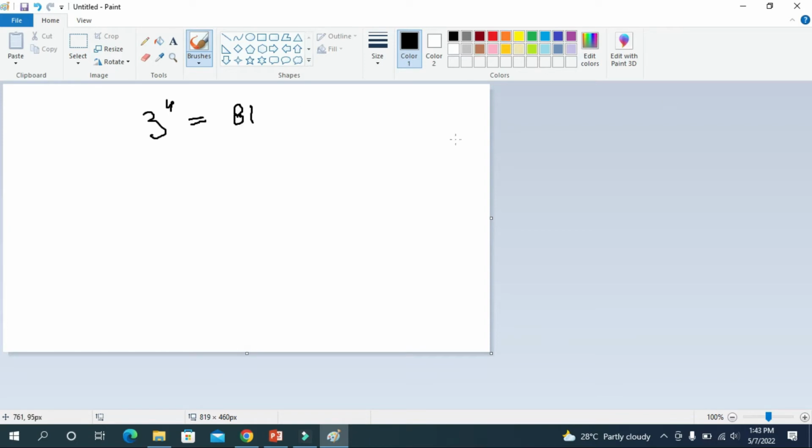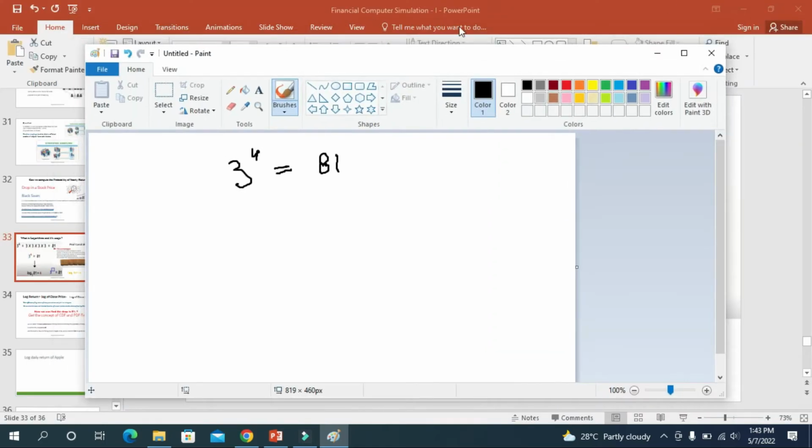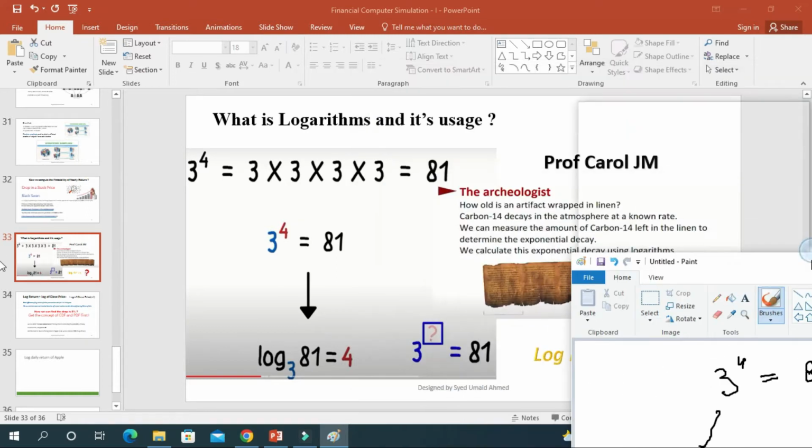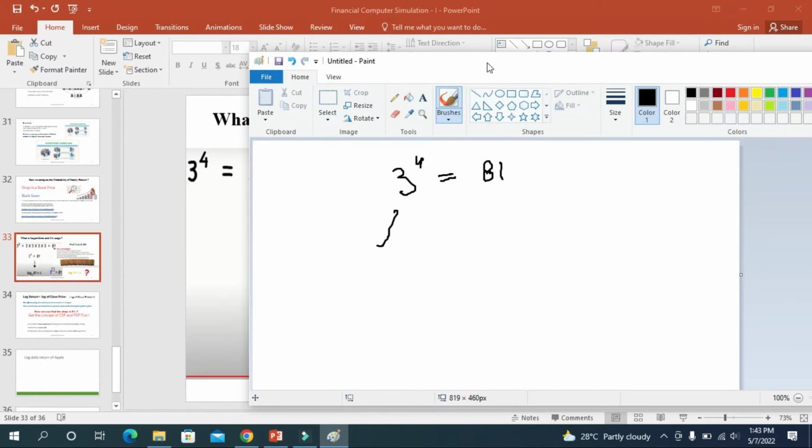Suppose I don't want to do this, but I want to know exactly the opposite of this. I want to erase this, and I want to know to what power 3 must be raised for it to become 81.